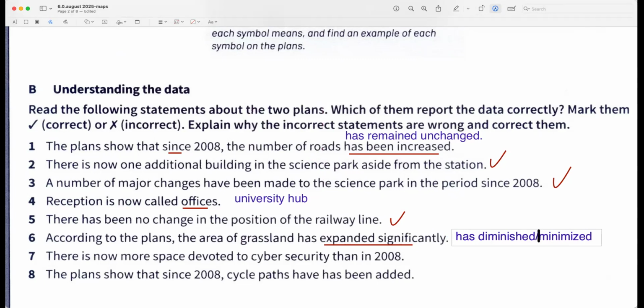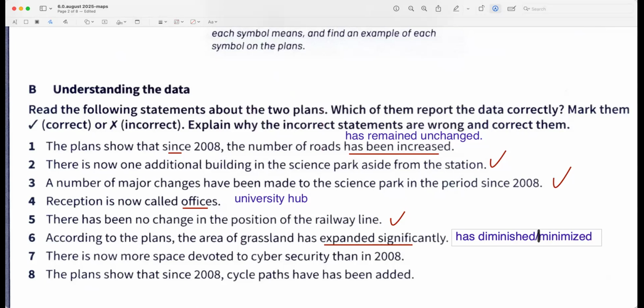Number 7. There is now more space devoted to cybersecurity than before. Correct. Really good sentence to show comparisons. Okay, great. And number 8. The plans show that a science park has been added.